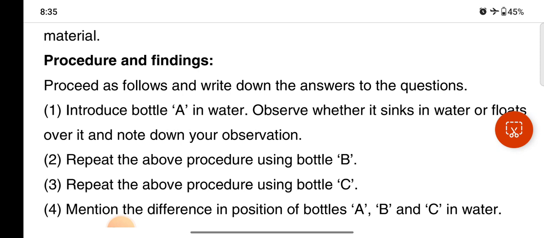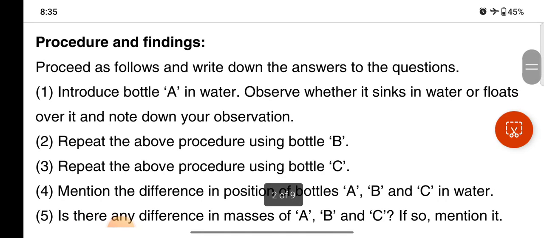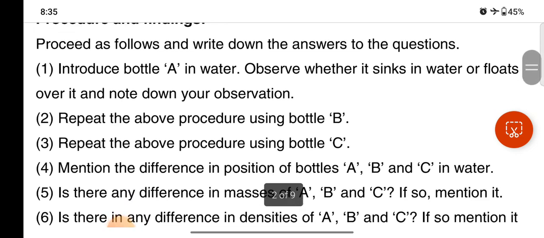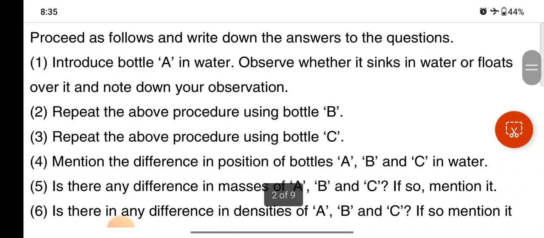First, introduce bottle A in water. Observe whether it sinks in water or floats over it and note down your observation. Second, repeat the above procedure using bottle B. Third, repeat the above procedure using bottle C. Now number 4, mention the difference in position of bottles A, B and C in water.